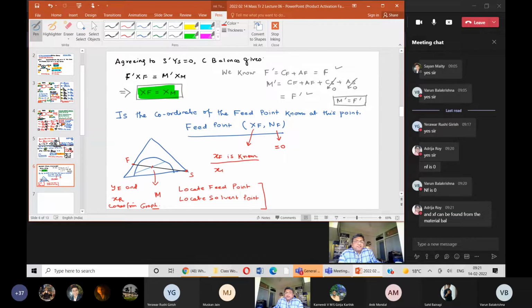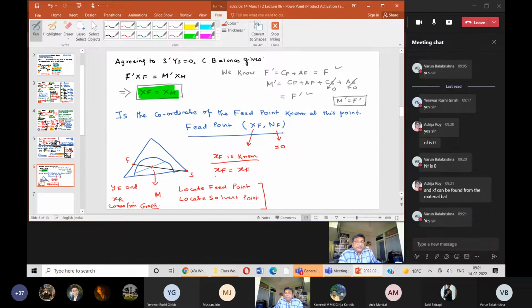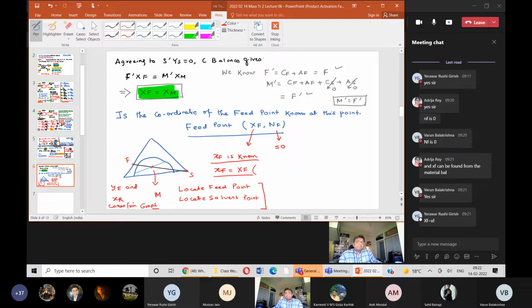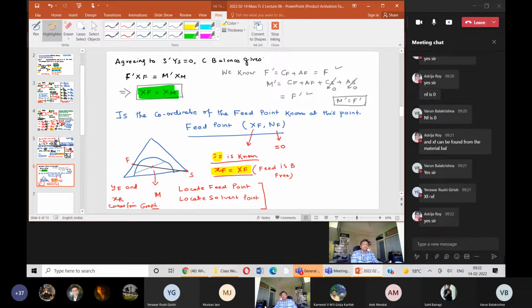And it turns out that since it's a B-free feed, little xF is equal to capital XF. Rishi, perfect. Is it clear to all? XF is known, the actual feed composition. And since the feed is B-free, little xF is equal to capital XF.